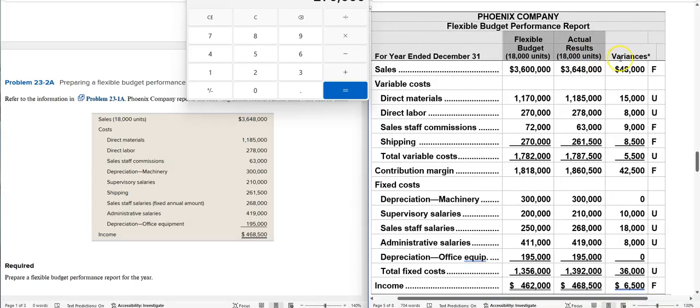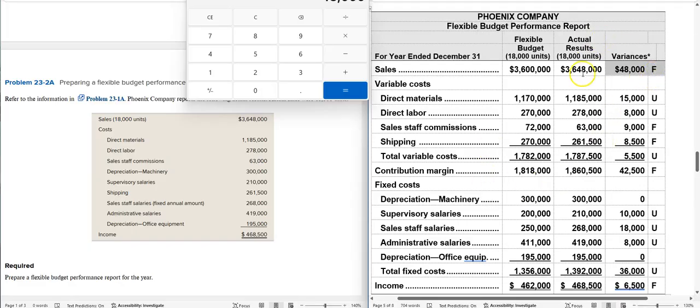The variance, or the difference between the budget and actual, was $48,000. 3,600,000, difference between that and 3,648,000, 48,000. The actual results were greater than the flexible budget by $48,000, and that is favorable.